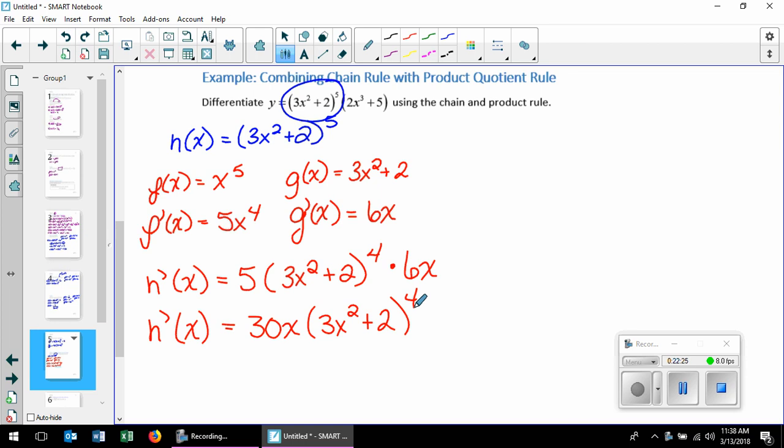So remember, do you guys remember the product rule? The product rule was h prime of x is equal to original function f of x times by derivative of g of x plus original g of x times by derivative of f of x. That's the product rule.